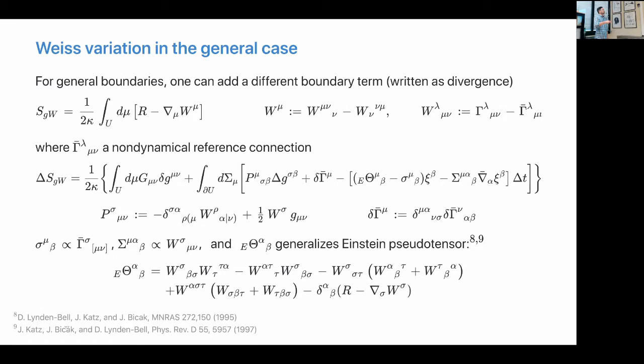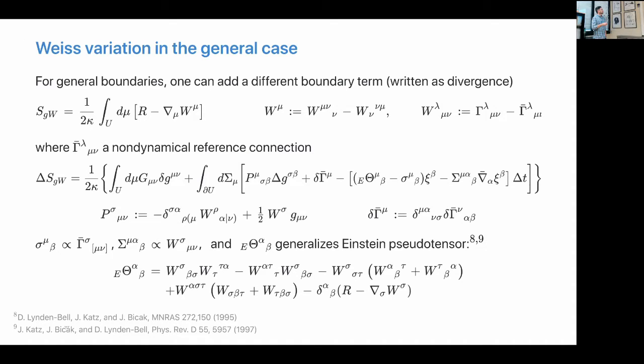So here, these are just some contractions of this difference, W, and from there you can construct a total divergence. So physically or dynamically, nothing particularly strange is being done. You're just adding a boundary term. That's all you're doing here. Now, when you do the Weiss variation of this action, this is what you get.